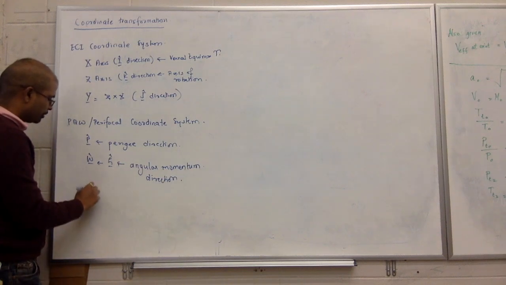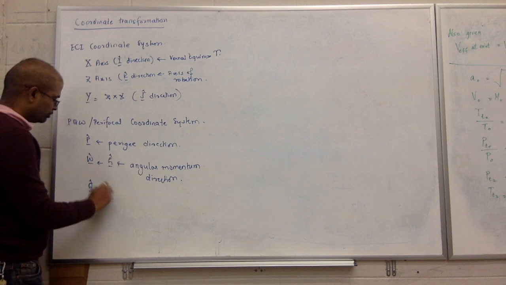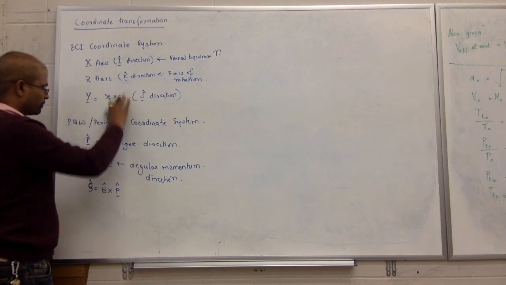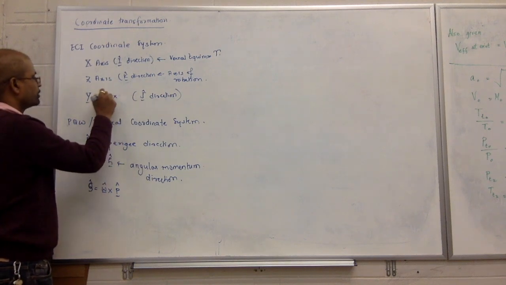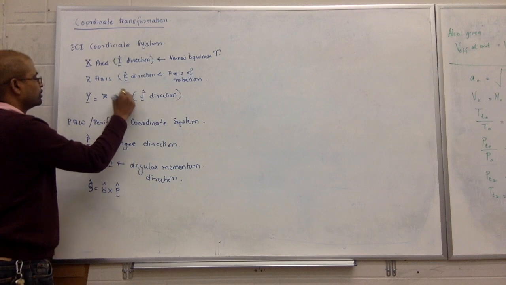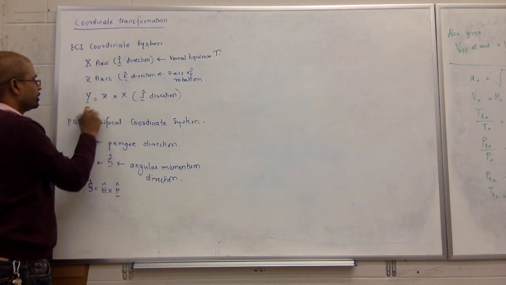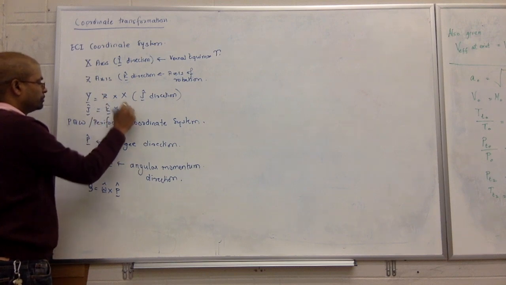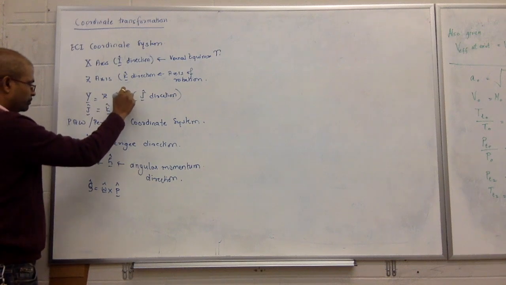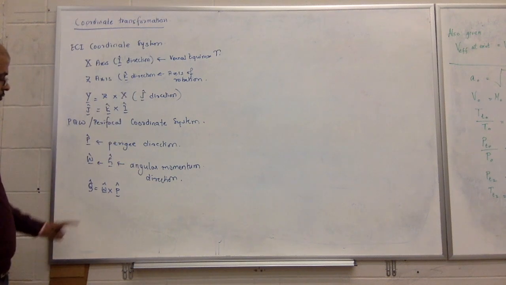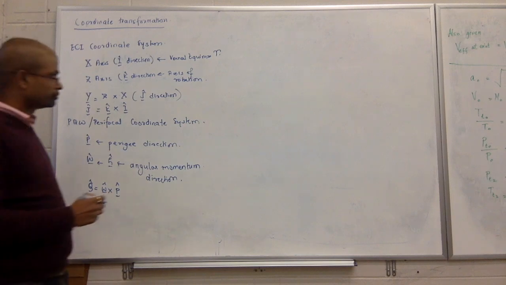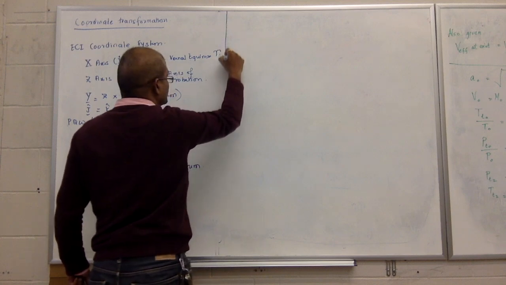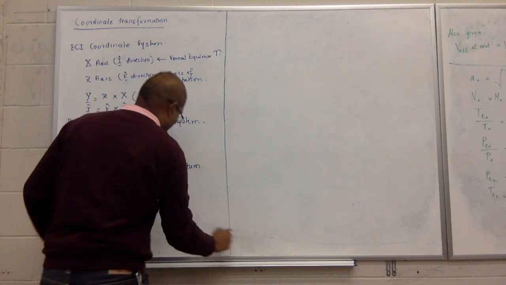And Q is simply W crossed with P. So here it is Z crossed with X, or J is K crossed with I.